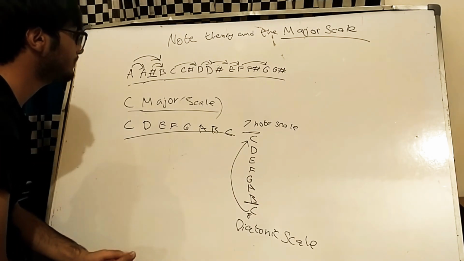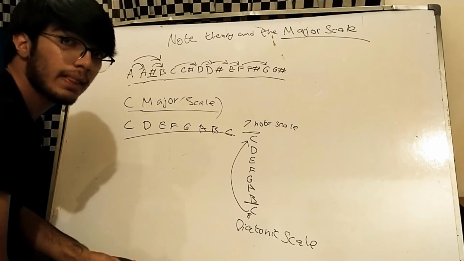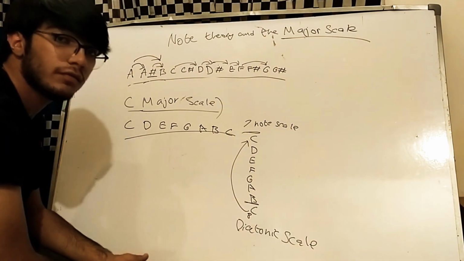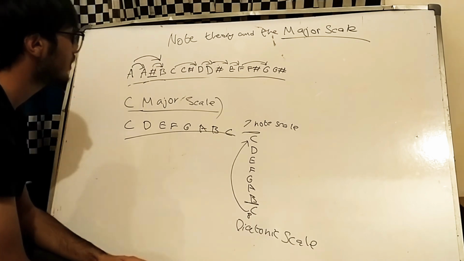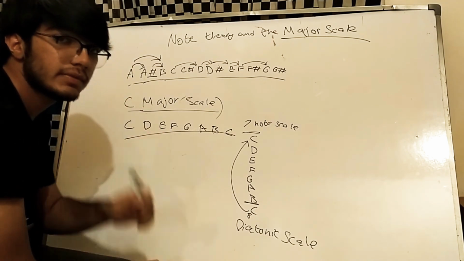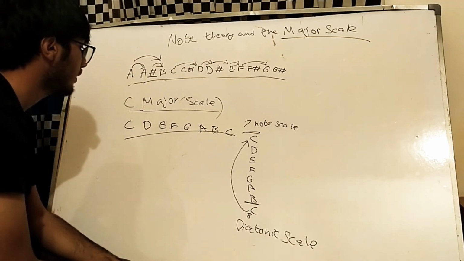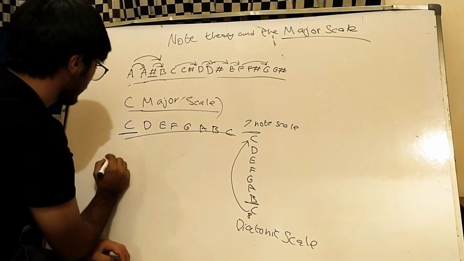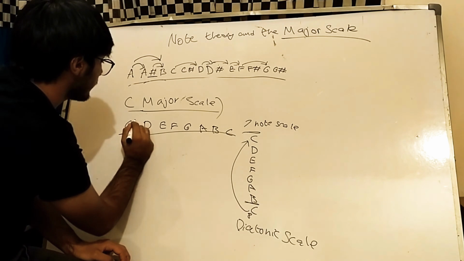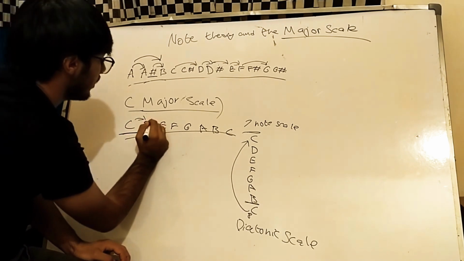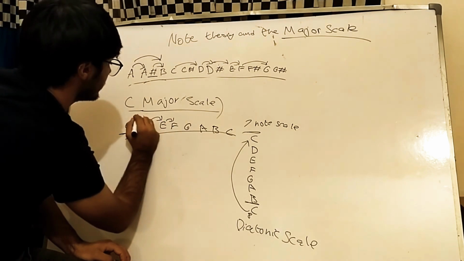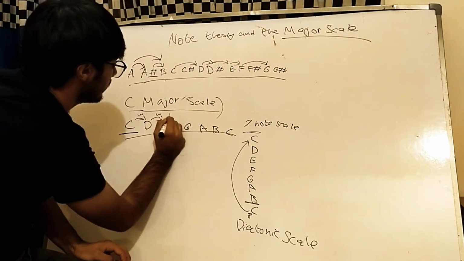So basically, in the major scales, we also have a formula of making these major scales, and that's also in whole steps and half steps. So if you're on any instrument and you start on the note C, if you go up a whole step, another whole step, and a half step, I'll just write it down: whole, whole, half.